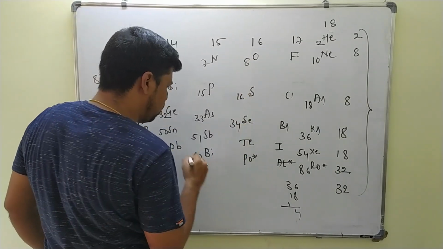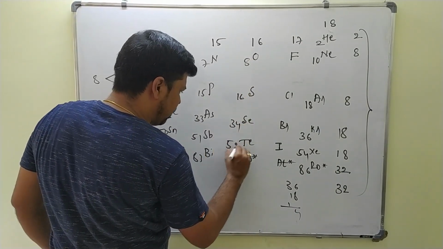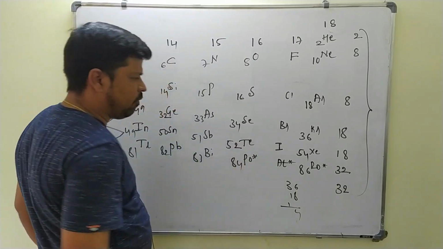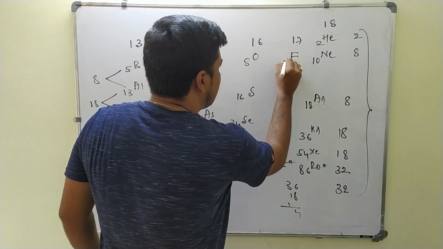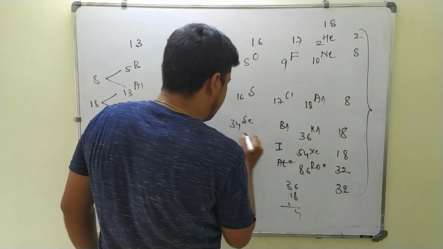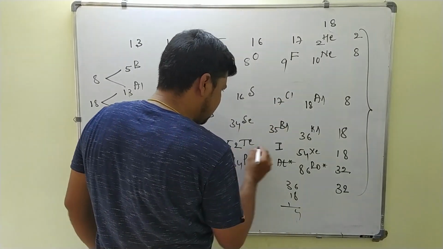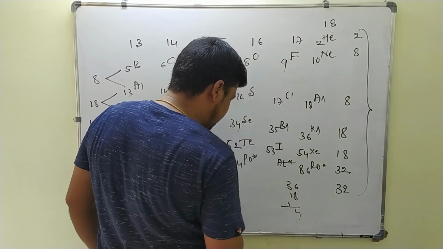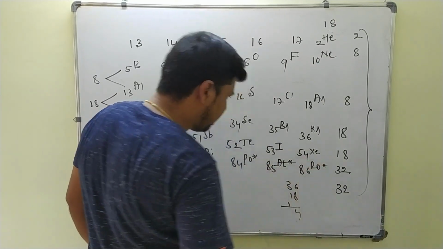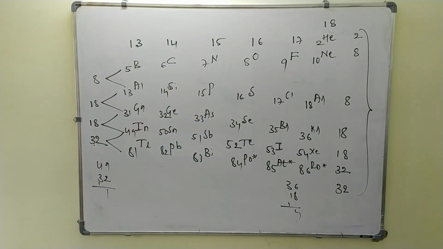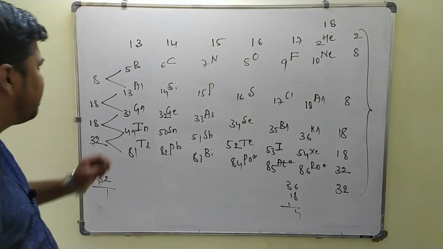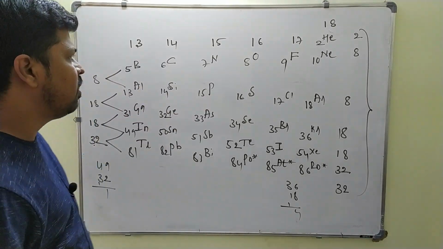This is 34 and this is 52. This is 84. Now this one is what? 9. This becomes 17. This becomes 35. This becomes 53. Next is 85. This is how you can write the atomic number of each element of these p block elements here.